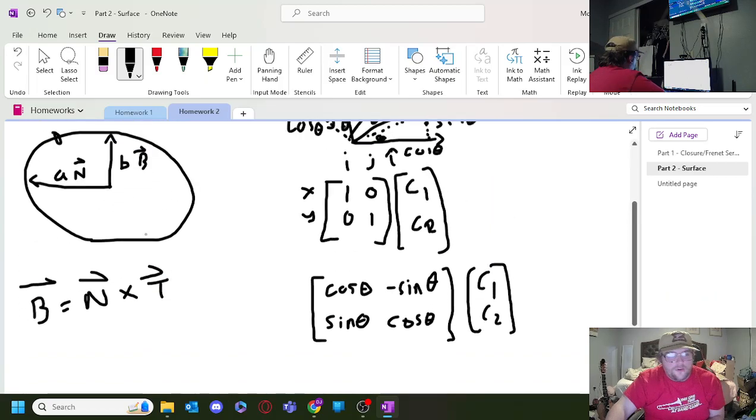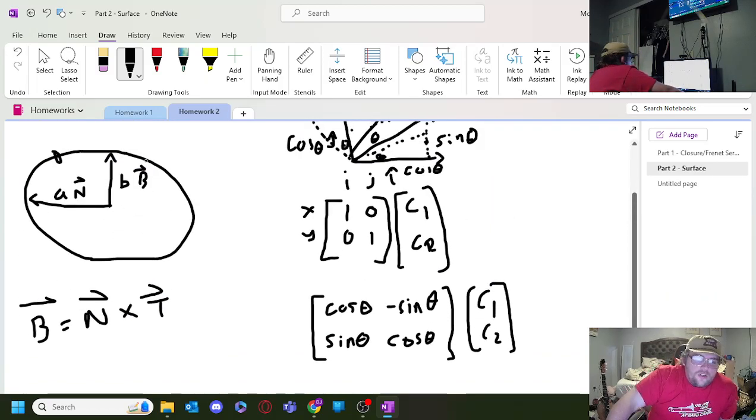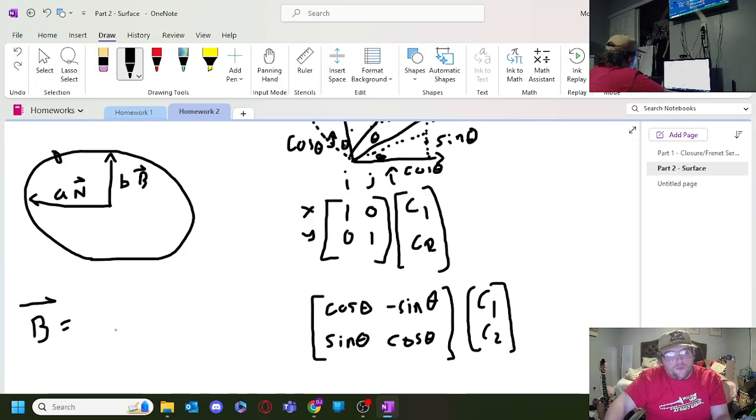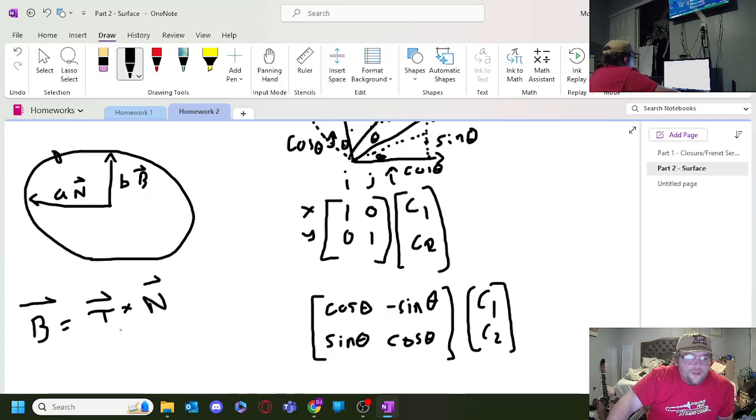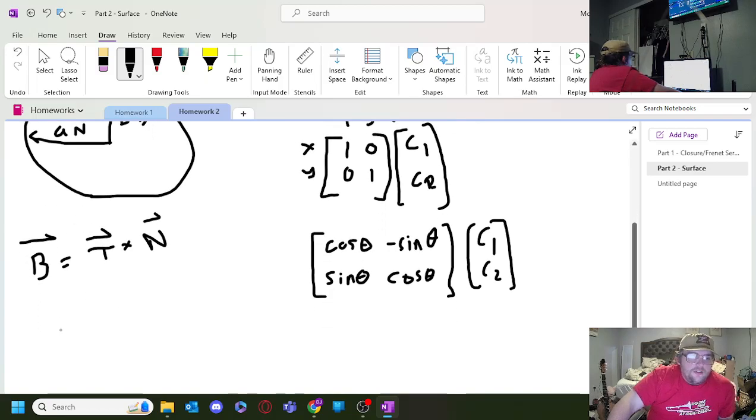Now keep in mind we have to follow the right hand rule, so the tangent should actually go out in front of the normal. Otherwise the binormal is going to point down, and we don't want to mess with negatives. Or at least I don't want to. So that's why we're going to have tangent cross product n.